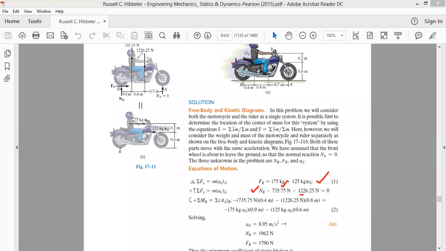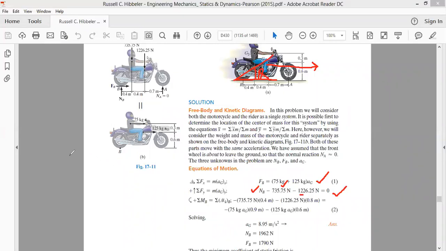Since there is no motion along the y-axis, as it performs the wheelie it remains in this configuration for some time. Therefore, the summation of all the forces along the y-axis has to be equal to 0, because the entire mass is moving along the x-axis. There is no motion along the y-axis, that is, acceleration along the y-axis is 0. Okay, this equation is fine. This equation is also fine.